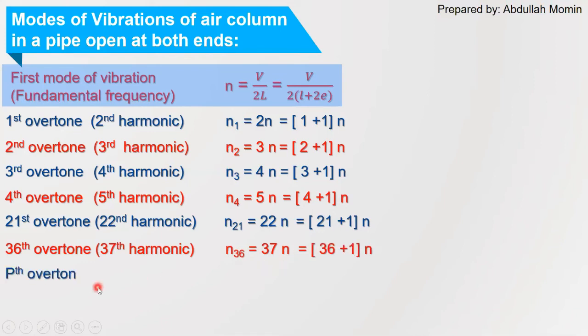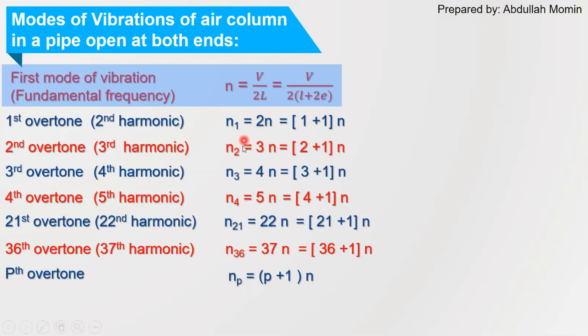If we calculate the pth overtone, what will be the equation of Np? So the equation of Np is P plus 1n. So we will add 1 in the suffix of n. Here the suffix of n is P, so we will add 1 to P. Instead of P, there can be any number.